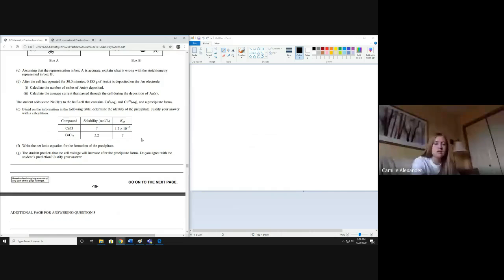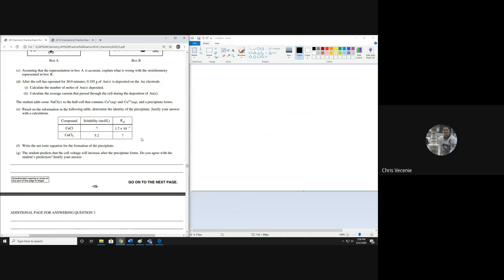When they break up into the same amount of pieces. Correct. All right, so if they break up into the same number of pieces, I can compare KSPs. If they don't, remember, we have to get both of their X values and then compare those. All right, now they gave us the CuCl2's X, but they didn't give us this guy's. So what you have to decide is, who is it more worthwhile to get?